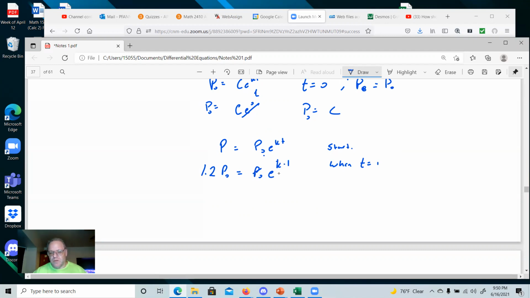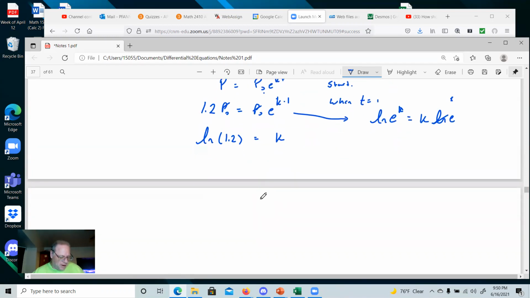So those cancel. So we pretty much have the natural log of 1.2 is equal to k. This is the natural log of e to the k. Either way you do this, I usually bring the k down in front with the logarithm rules, times the natural log of e, knowing that the natural log of e is 1. So we get k is equal to the natural log of 1.2, and we can figure that out a bit.